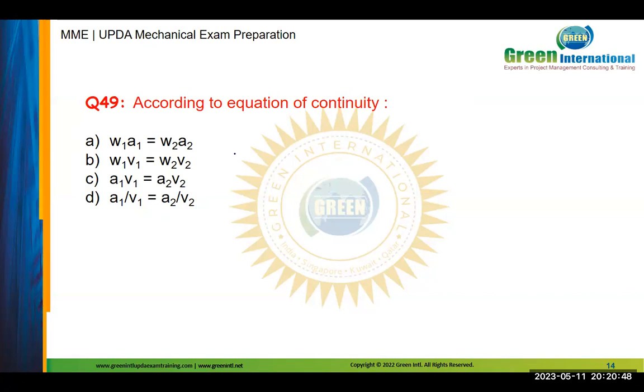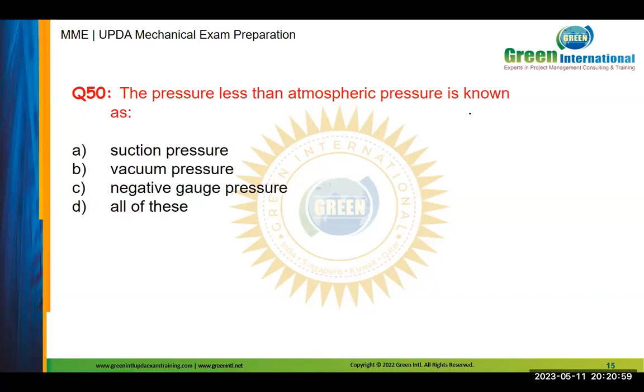Another point: don't memorize a lot, just save it in an intelligent way. This is a direct relation: Q2 by Q1 equals N2 by N1. That's it.